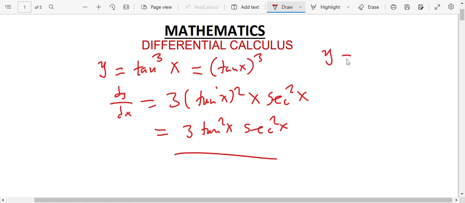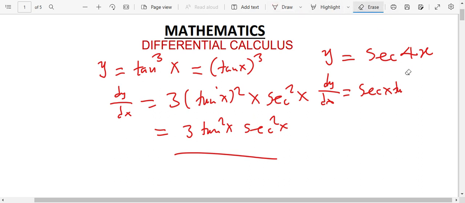So if you had y is equal to, let's say, sec 4x. So this will become dy over dx, giving us, first differentiate sec. Now, if you differentiate sec, not sec x, please make sure that you maintain the angle the same way it is.